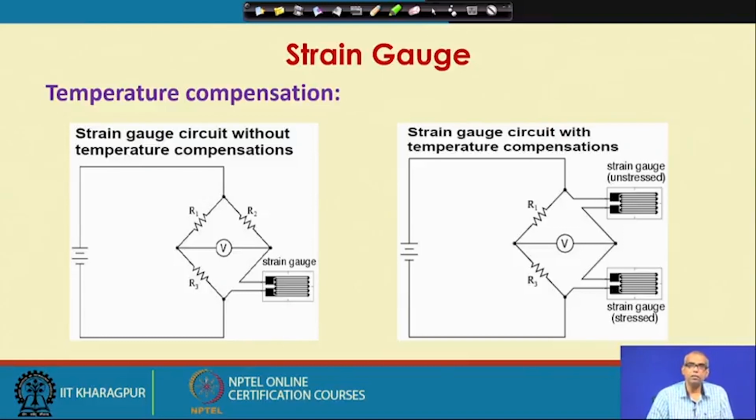Since the strain is measured in a strain gauge by measuring the change in resistance, you can imagine that the measurement of strain by strain gauge will be sensitive to changes in temperature, because change in ambient temperature will also cause a change in the resistance, because resistance is a function of temperature.